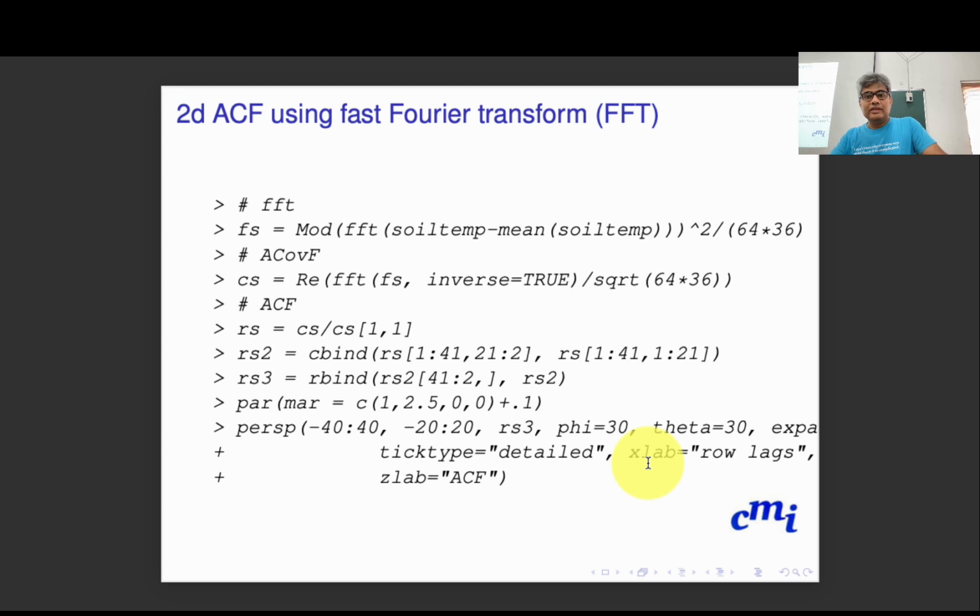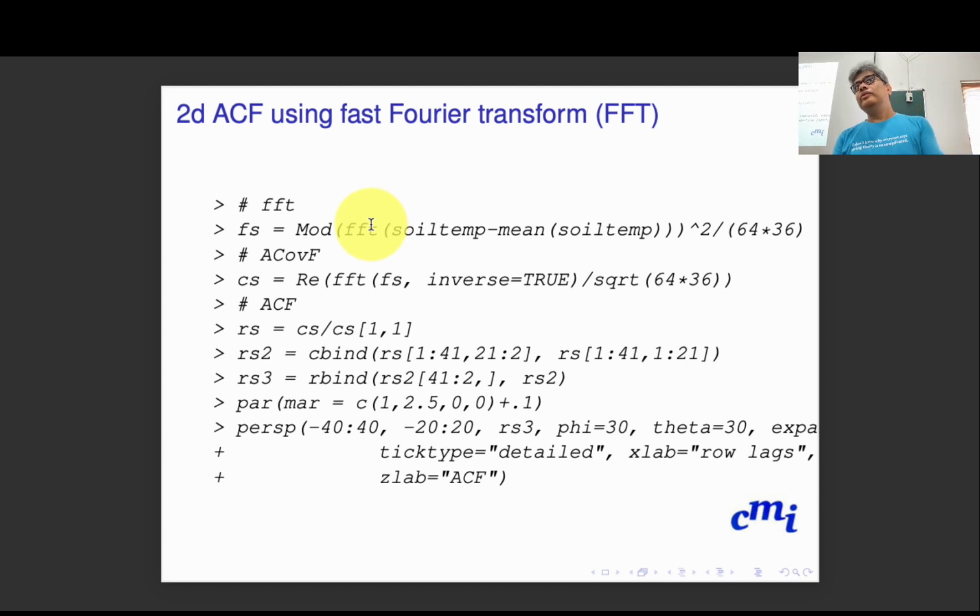Essentially there is a built-in function in R called FFT, fast Fourier transform. You just call that on the soil temperature data, from which I subtracted the mean, so that it's a location shift, and then apply the FFT.